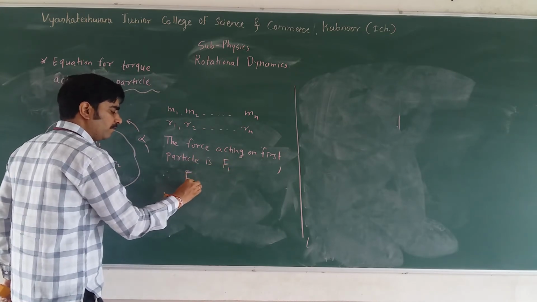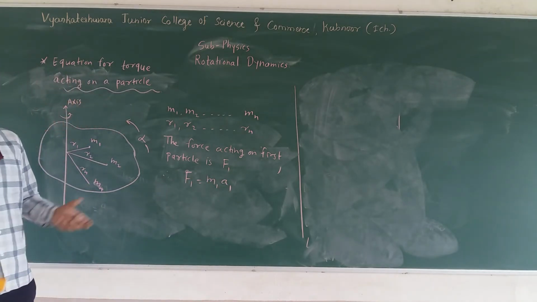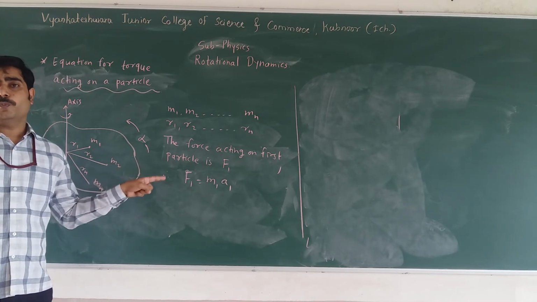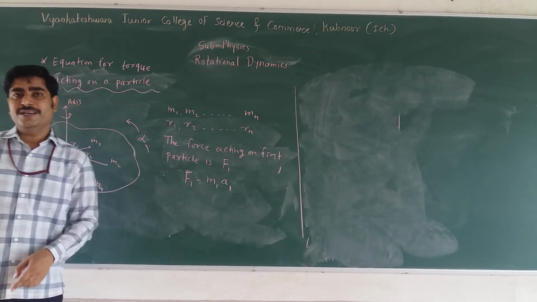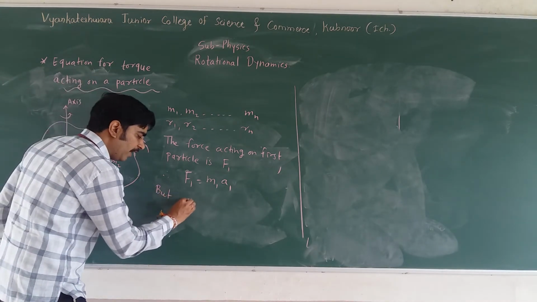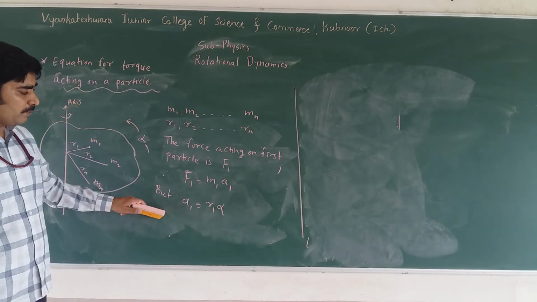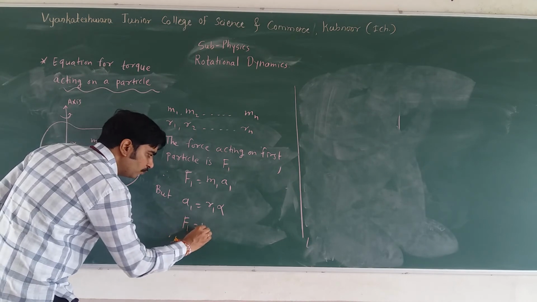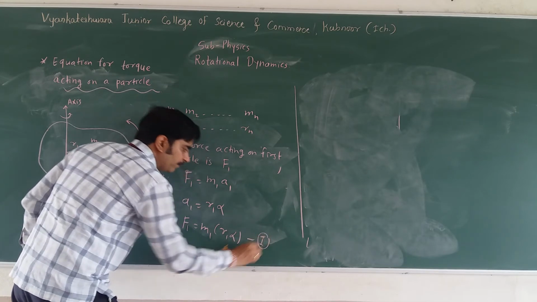Therefore, F1 is equals to M1 into A1, where M1 is the mass and A1 is the linear acceleration. But A1 is equals to R1 into alpha. So we substitute the value of A1. So F1 is equals to M1 R1 alpha, equation number 1.